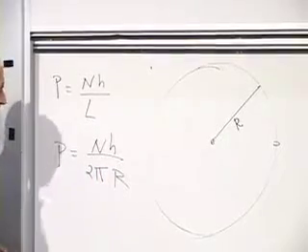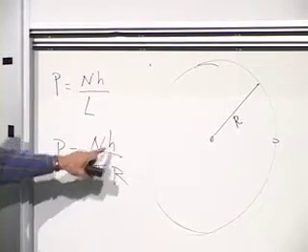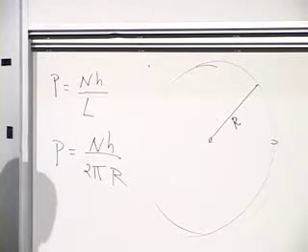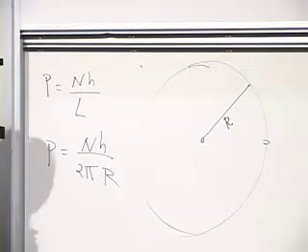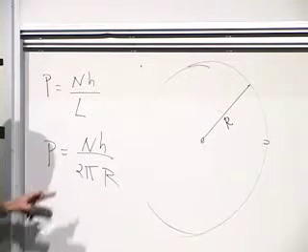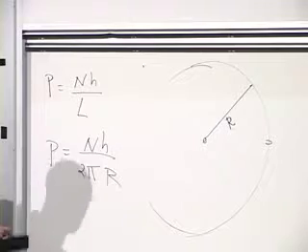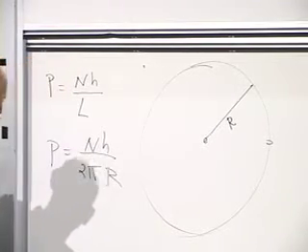You can see by now that h bar would have been a better choice in this equation. Let's leave it, and later we'll put back h bar. That's the momentum, and the momentum is quantized. Every single electron, photon, or anything else has to have an integer multiple of this.